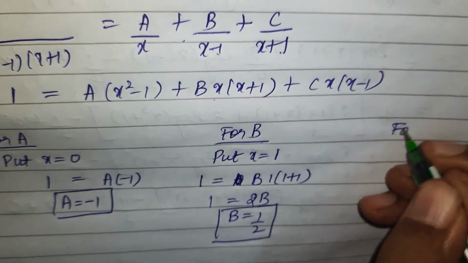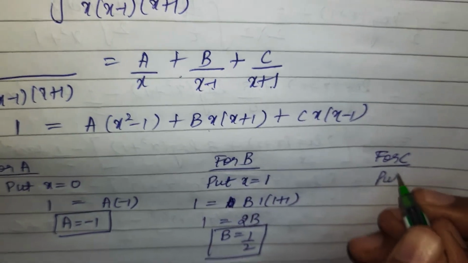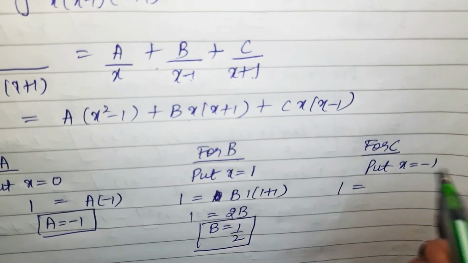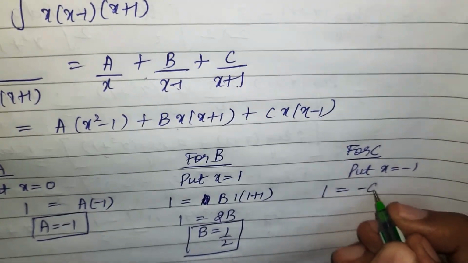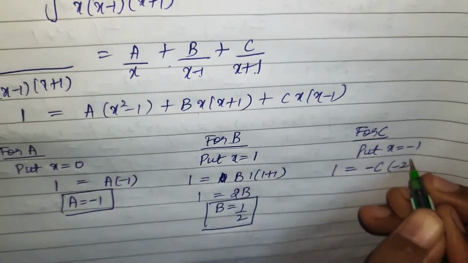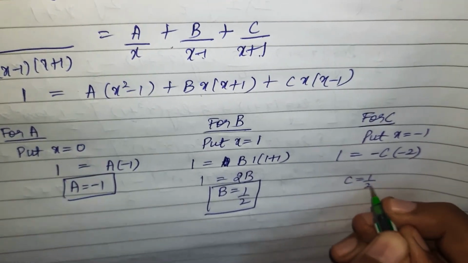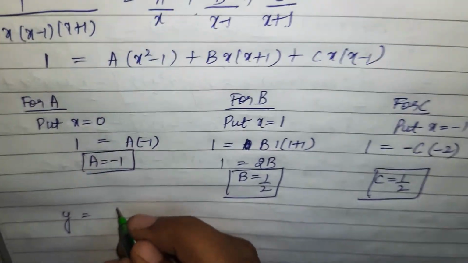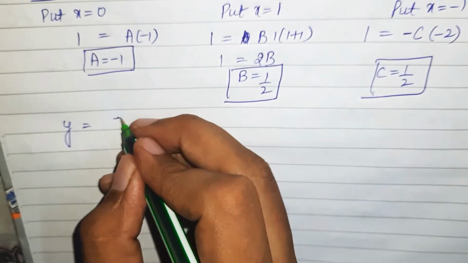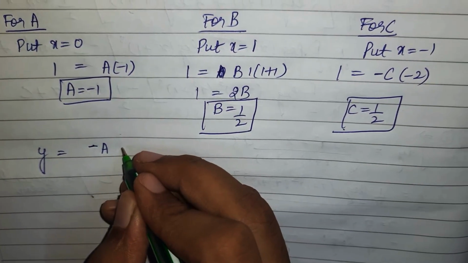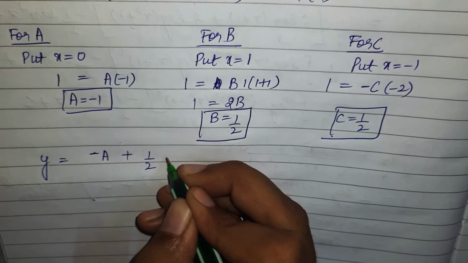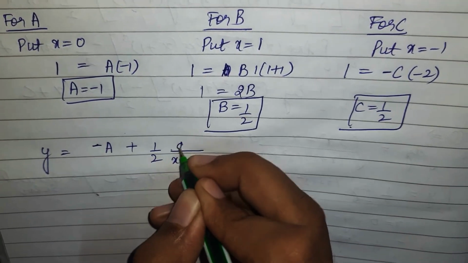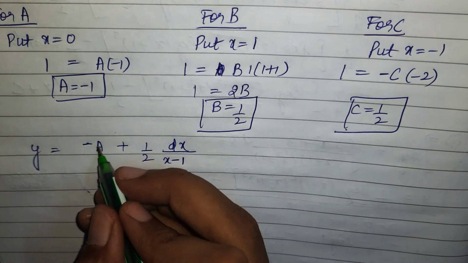Now for c, put x as minus 1, this will become 0, this will become 0 and this will become minus c, minus 1 minus 2, so value of c is 1 by 2. So finally you will be getting y, a upon minus 1, that means minus a, and b upon 1 by 2, 1 upon x minus 1, that means dx.